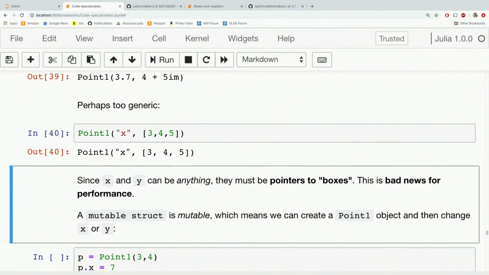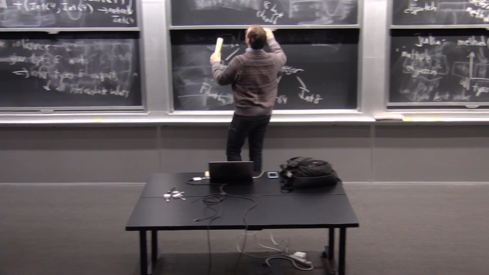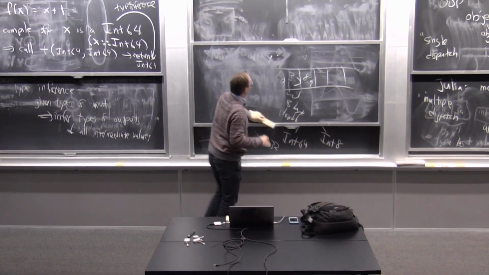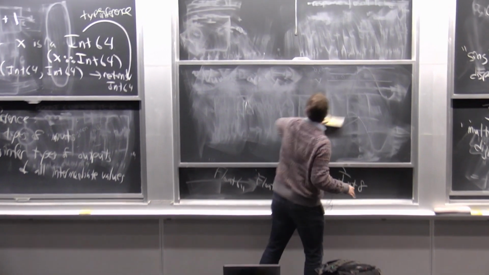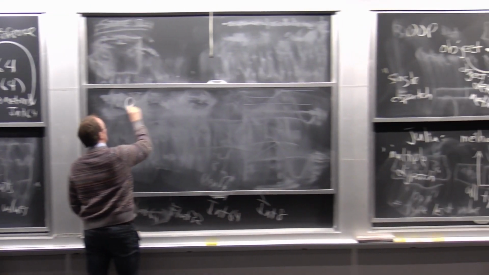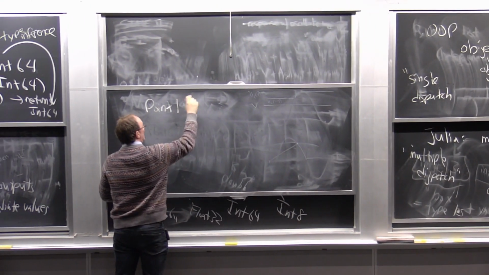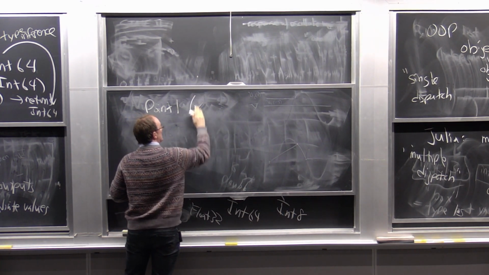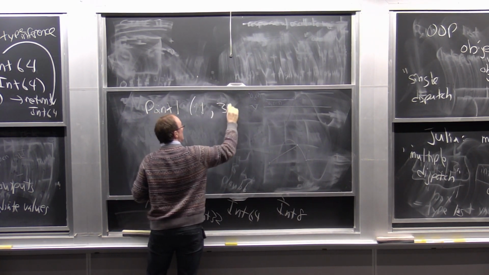So this type is not ideal in several ways. Let's think about how this has to be stored in memory. Say I have the point 1, 3.7.